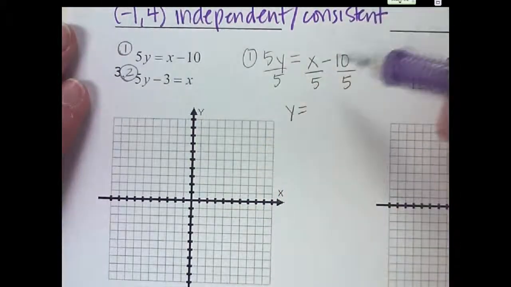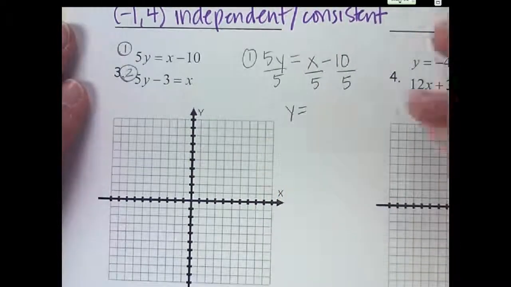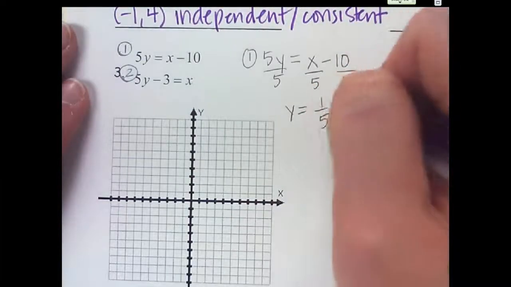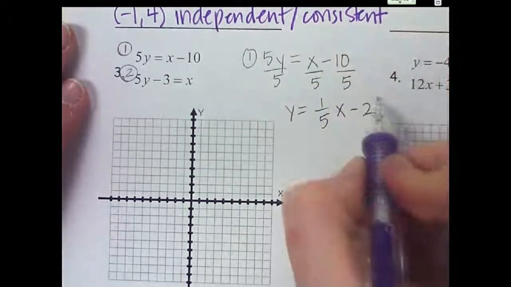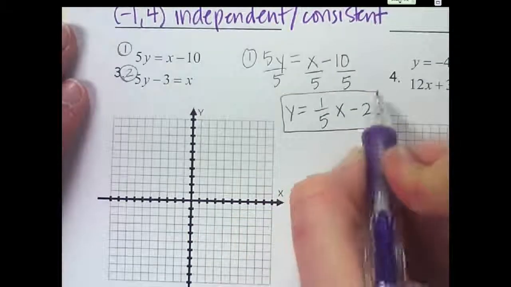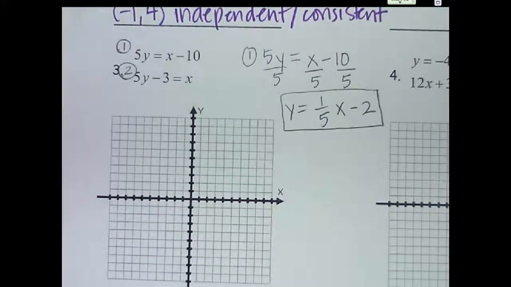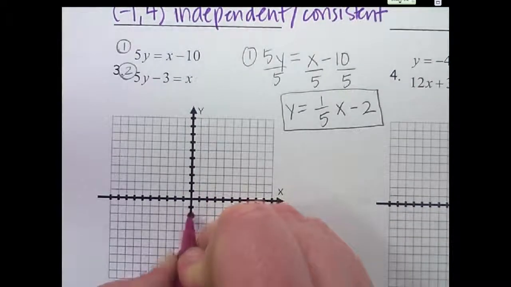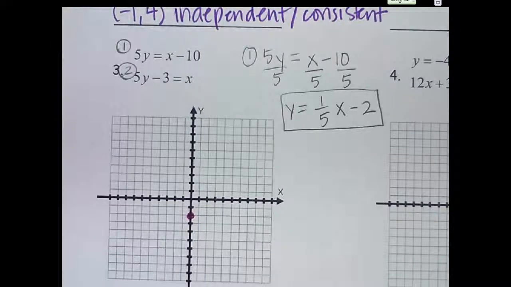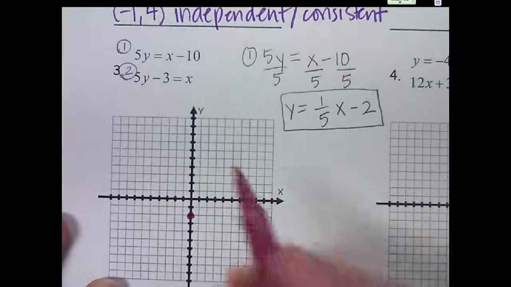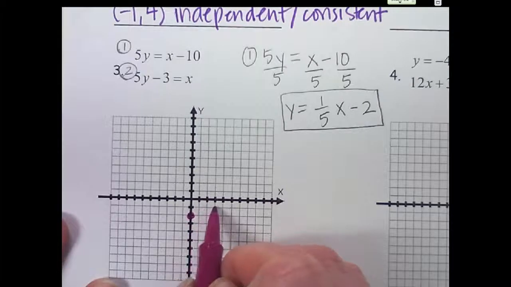So what is the slope here in front of the x? 1/5. Good. 1/5 x minus 2. So I'm going to go ahead and graph that. Make sure you start at -2. And then I go up 1/5.